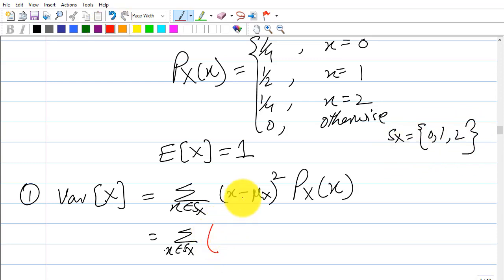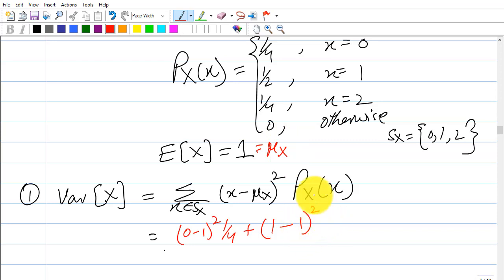Opening up this summation: for 0, we have (0 minus 1) whole square into p x of x, which is 1 by 4, plus, for 1, (1 minus E of x, which is mu of x) square into 1 by 2, plus, for x equal to 2, (2 minus 1) square into 1 by 4.